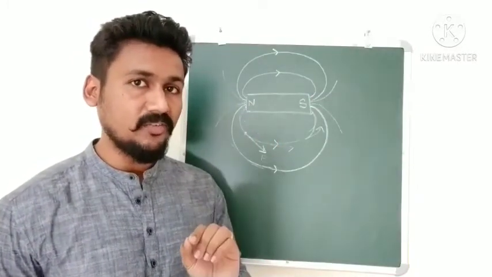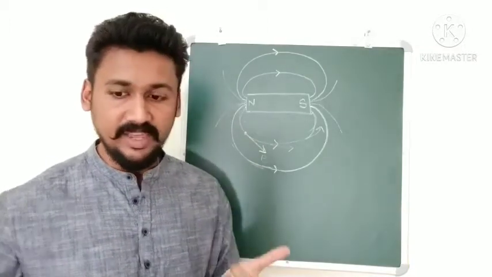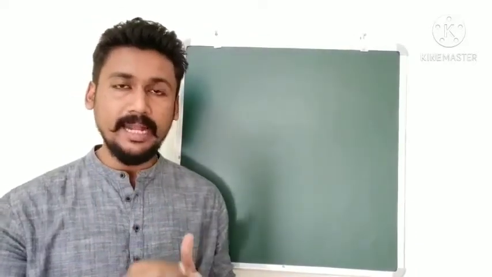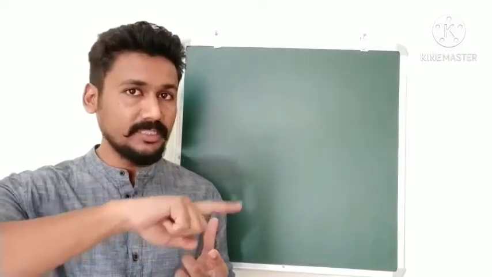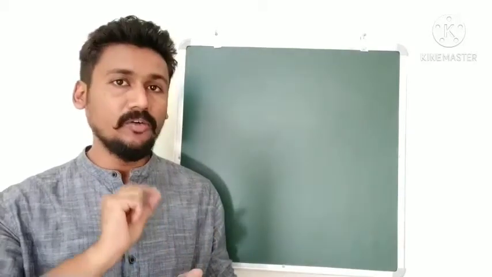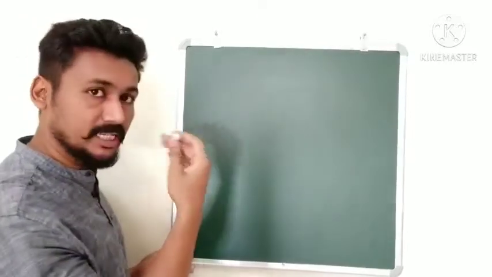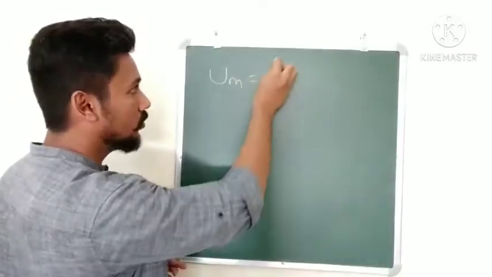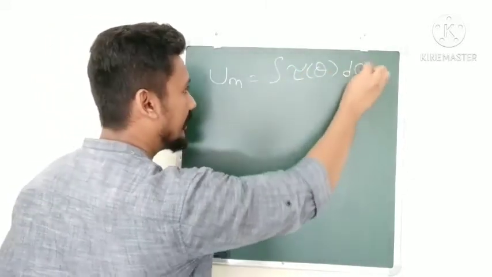So we can actually find out the potential energy of this magnetic needle. It's a very simple formula. We take a magnetic needle and bring it inside a magnetic field. We will notice there is a turn, because a torque is exerted, and that will change the potential energy of our needle. So the potential energy of the needle will be given by Um equal to integral of torque, a function of theta, d theta.